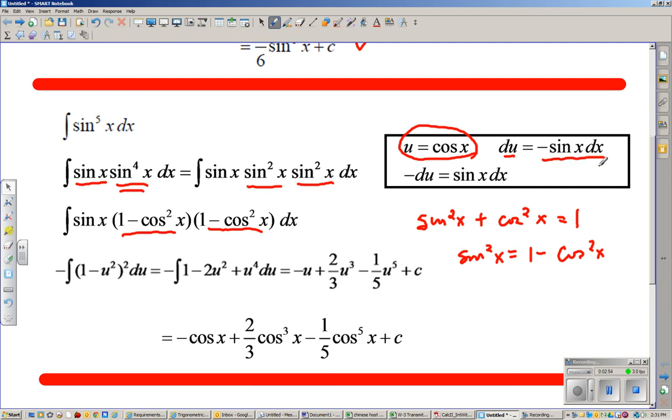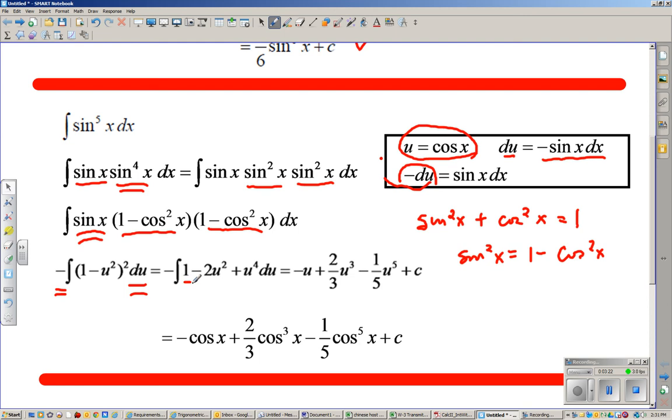And if I need the sine x, the loner, I'm going to say sine x dx is the same thing as negative du. So I'm going to put my negative du in down here, and negative du takes the place of the sine x. And then I'm going to have a 1 minus u squared, but I've got two of them, so I just put the square on the outside.